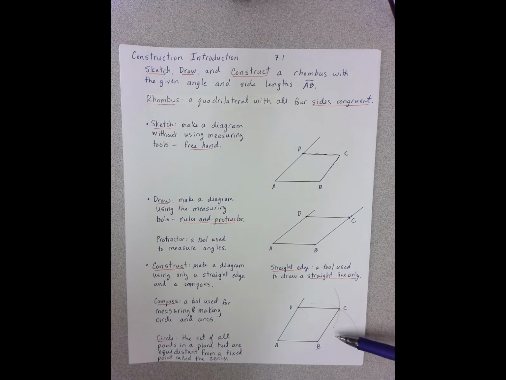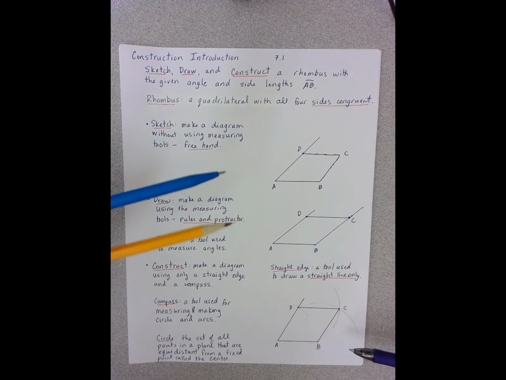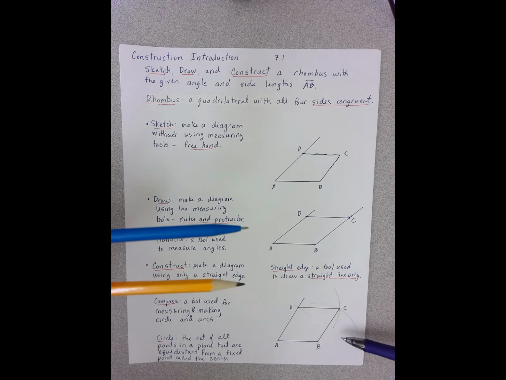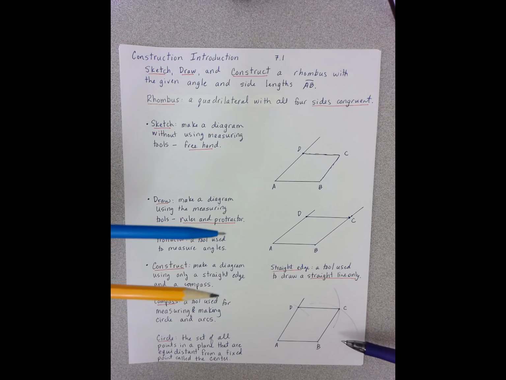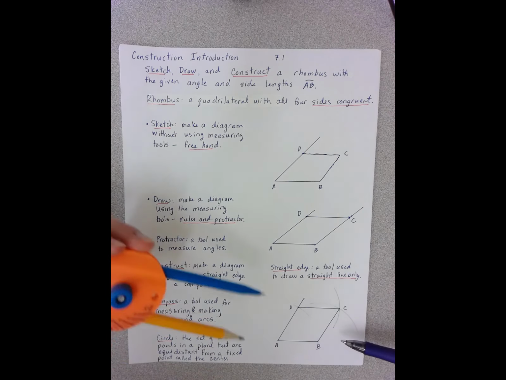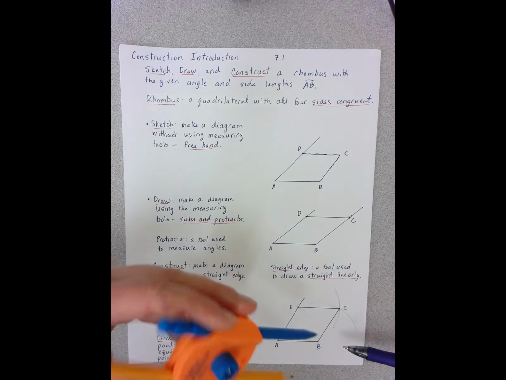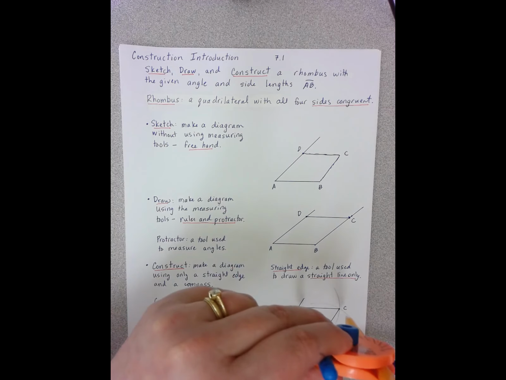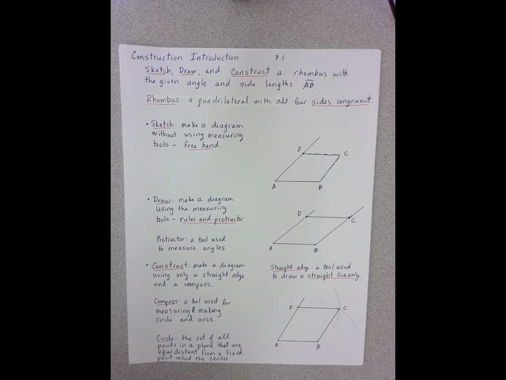In this case, with the construction, I didn't have to use any numbers. All I had to do was use my measuring tool. So this is the most precise way to create a rhombus. I have measured the length of AB and copied that measure here, and then copied the measure out here to get my 4th vertex.